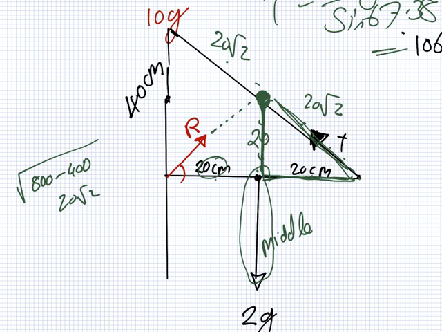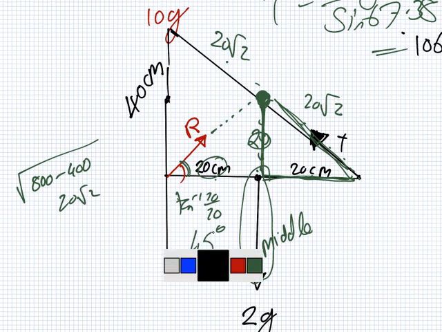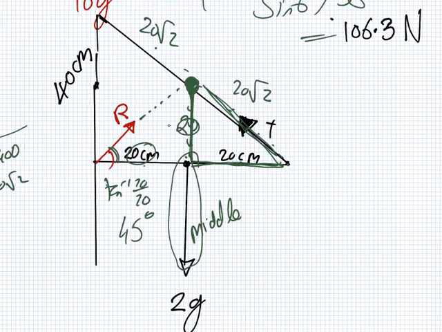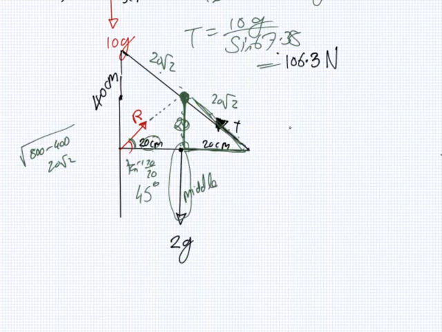Now if this is 20 and this is 20, then this angle here is tan inverse 20 over 20, which is 45 degrees. So we could get to the answer much quicker. But that's actually convenient, because now I can say R cos 45 must equal T, and we know that this one is 45.